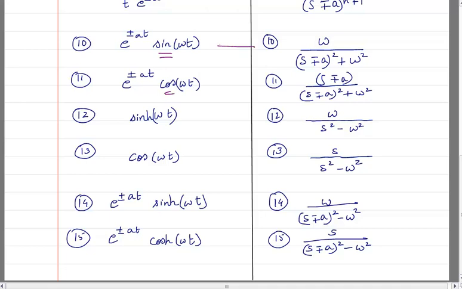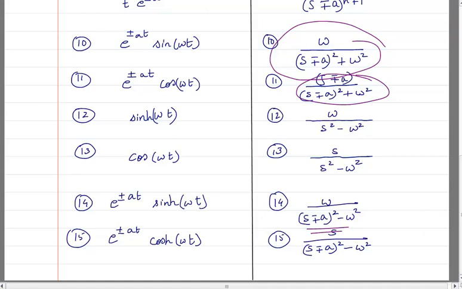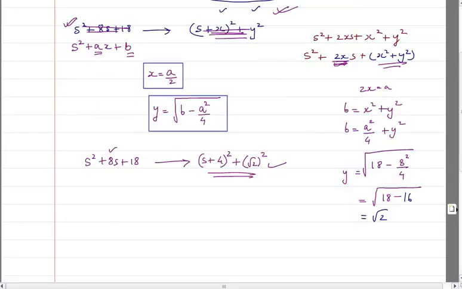So you will get the Laplace inverse in these forms when you are able to write the factors in this form. And how do you write that? That is what I have just now taught you, by using these two formulas. So please use these formulas for all the cases.